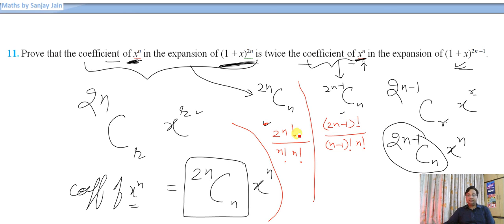And this can be written as 2n into 2n minus 1 factorial, divided by n factorial into n factorial. This is just the manipulation part which is left. And in the next term you will see your answer, 2n into 2n minus 1 factorial divided by, this can be written as n into n minus 1 factorial into n factorial.